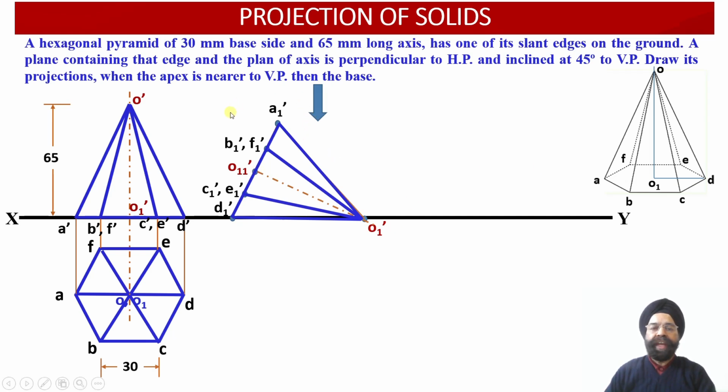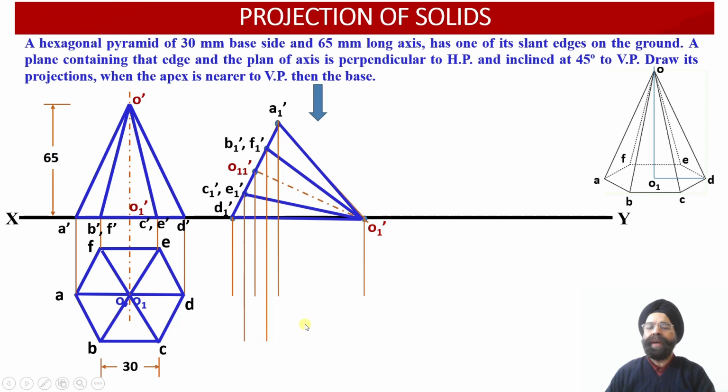Corresponding to this inclined hexagonal pyramid, 8 points are available in the elevation projection view. From each one of these 8 points, we are going to draw vertical projector lines and extend them into the plan projection view. Now we are going to draw horizontal projector lines from the corresponding points of the plan projection view which we had obtained earlier.